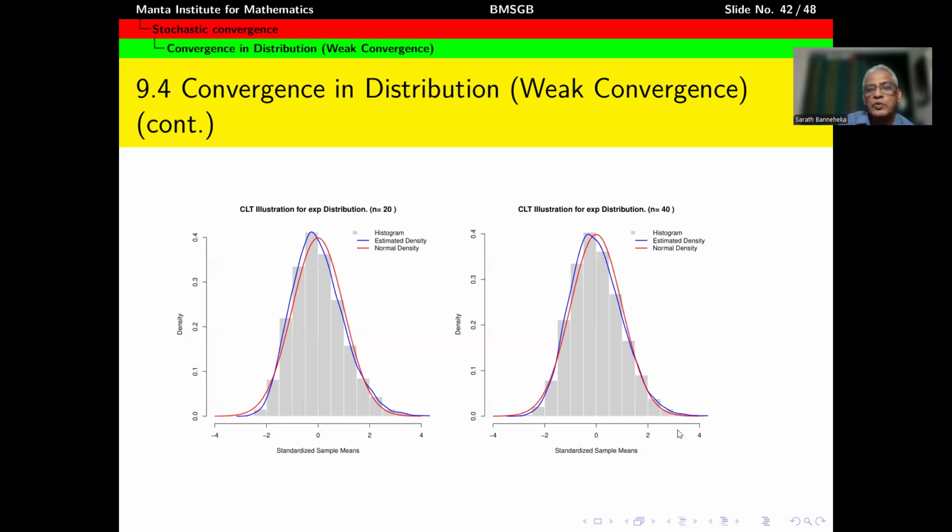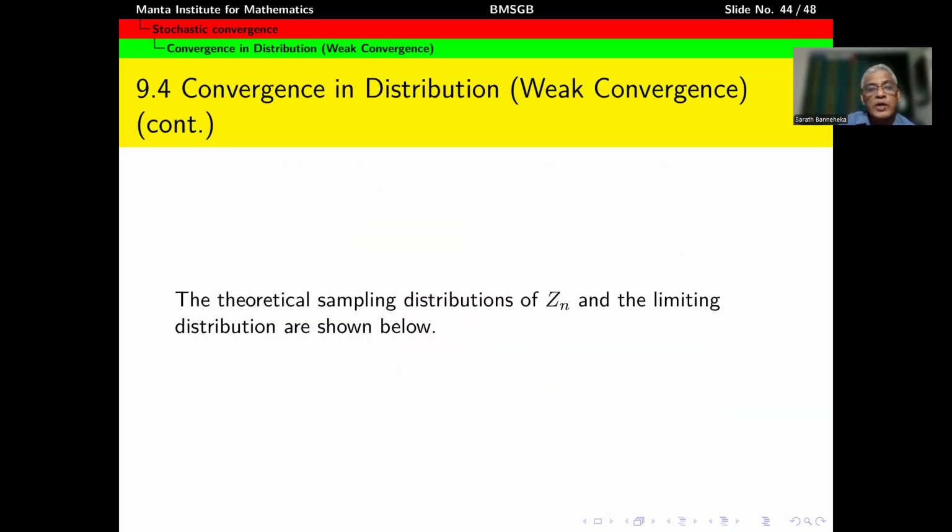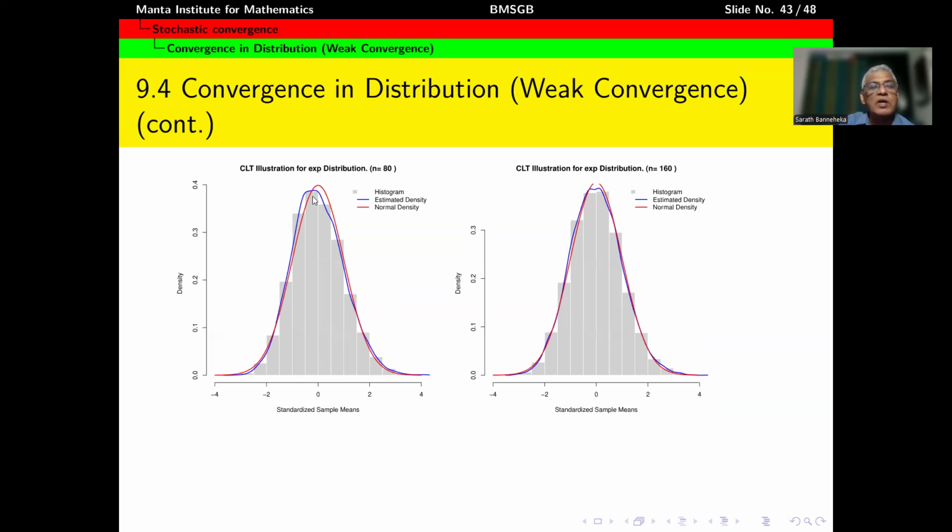So you have to be careful when you are applying the central limit theorem. As I mentioned, these blue curves are the approximate densities of Z5, Z10, Z20, Z40, Z80, and Z160.